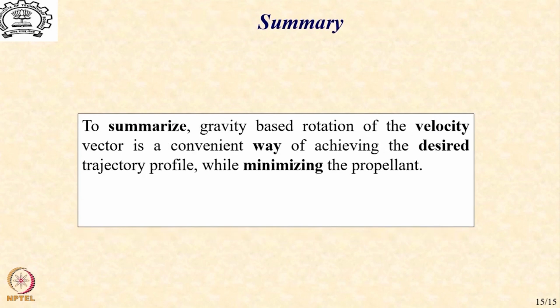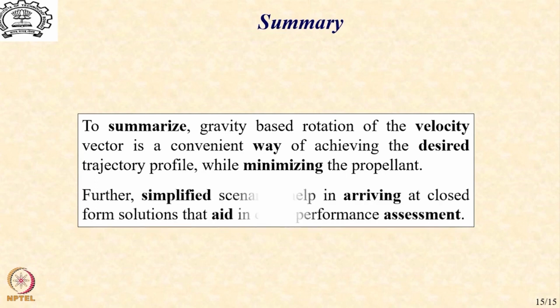So, to summarize, the gravity-based rotation of the velocity vector is a convenient way of achieving the desired trajectory profile while minimizing the propellant. Further, we have also established that simplified scenarios can help in arriving at closed form solutions that aid in quick performance assessment.